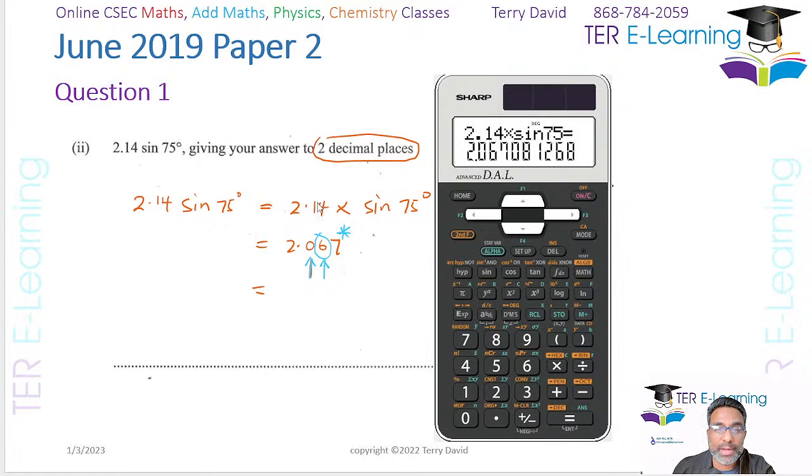So we have to round that 6 up by 1. Our answer is going to be 2.07. So that's part B.